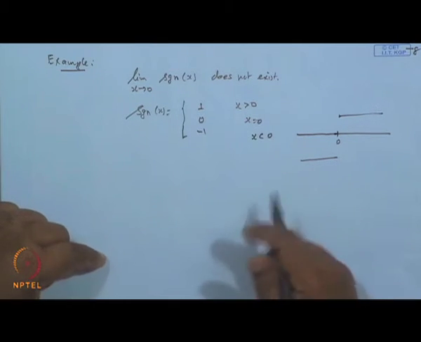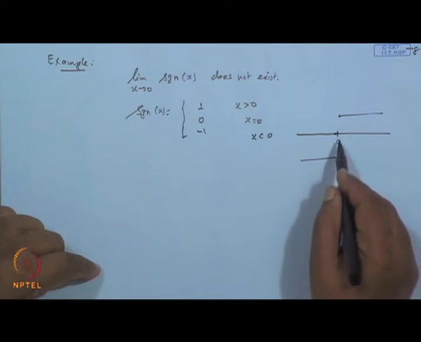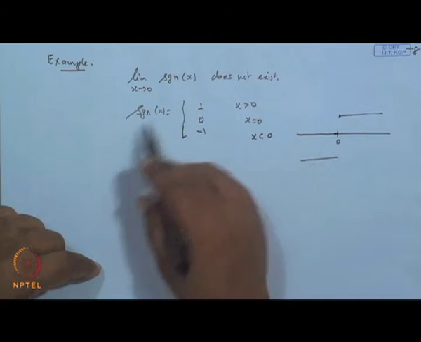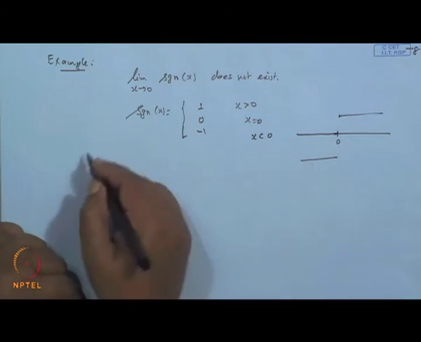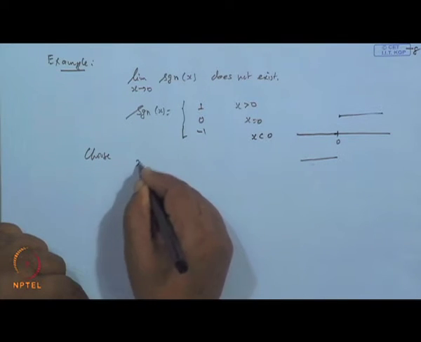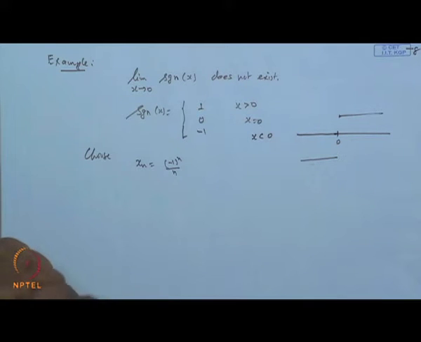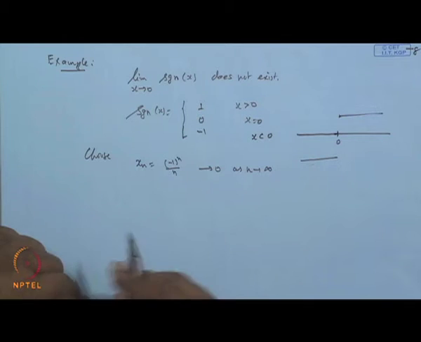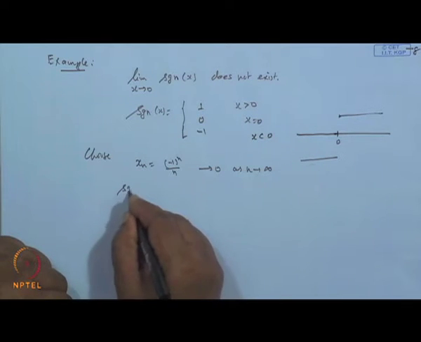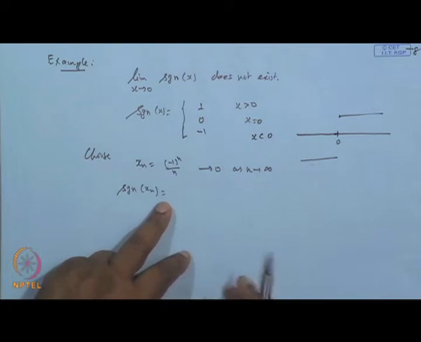Let us see why. If I take a sequence x n which goes to 0, but the corresponding sequence signum of x n does not go to 0. So, let us choose the sequence x n as minus 1 to the power n over n. Obviously, this sequence will go to 0 as n tends to infinity. What is the signum of x n?